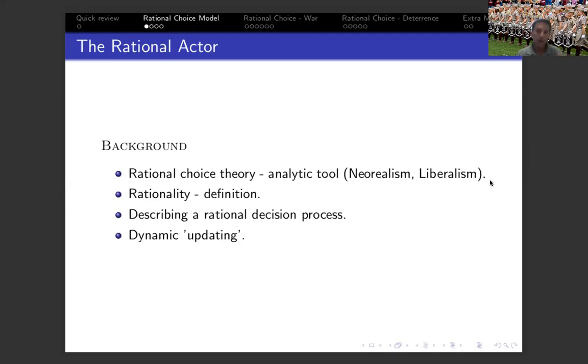If they are collecting feedback from the environment telling them that their choice is not leading to the expected outcome or to the most efficient outcome, then those individuals should update their behavior and choose a different course of action in order to achieve their objective with the highest possible utility. So that's the updating idea. If I'm getting feedback from the environment that my choices, my behavior is not efficient enough in accomplishing my objective, I should alter my behavior.